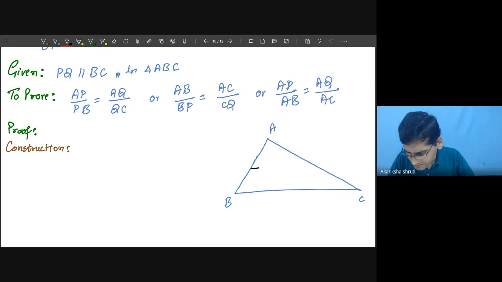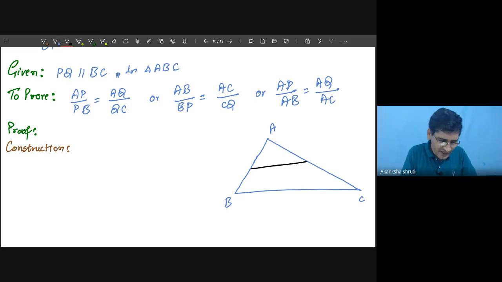Here we have taken PQ. We may write this as P and this as Q. So this PQ is parallel to BC. It is given. Whatever the construction that we have to take, the area of triangle APQ.